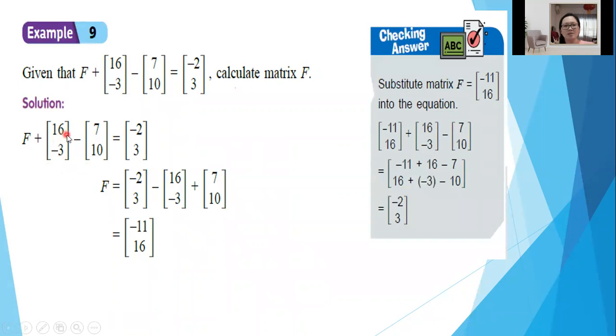You can bring this to the back. So positive becomes negative, negative becomes positive. So join them. -2 minus 16 plus 7, 3 minus -3 plus 10. So F equals -11 and 16.